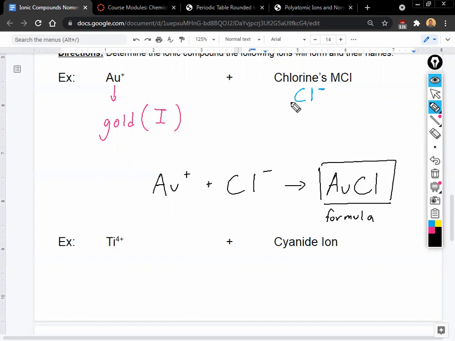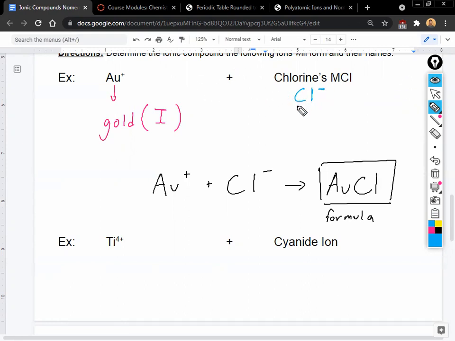Now, if we take a look at the anion, the negative one, is it one element or is it polyatomic? Guys, you have to be confident. Is it one element or is it polyatomic? It's one element. Thank you.